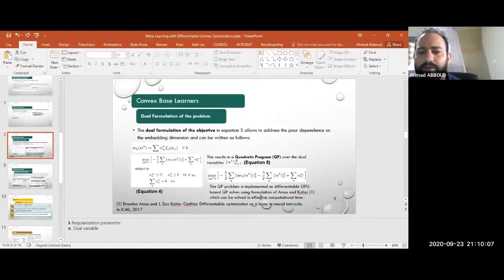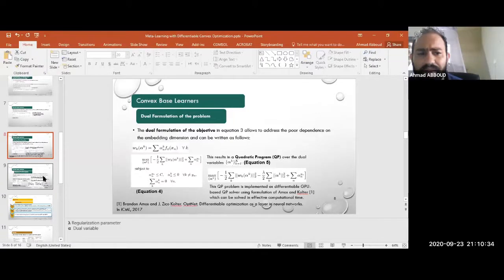So we're using the formulation of Amos and Kolter. It has already been done by this reference. They implement the quadratic problem and add it for the SVM, which runs efficiently compared to other nearest neighbor classifiers.